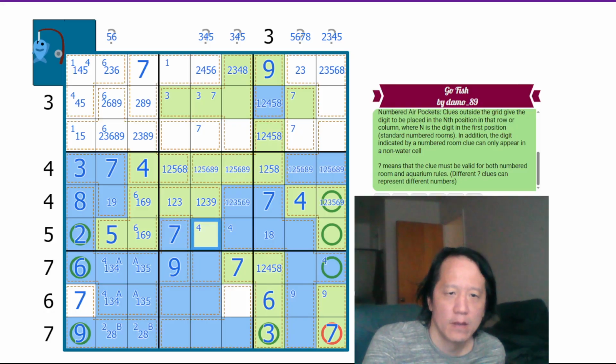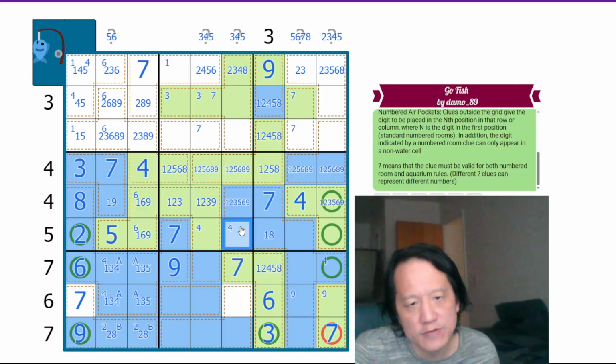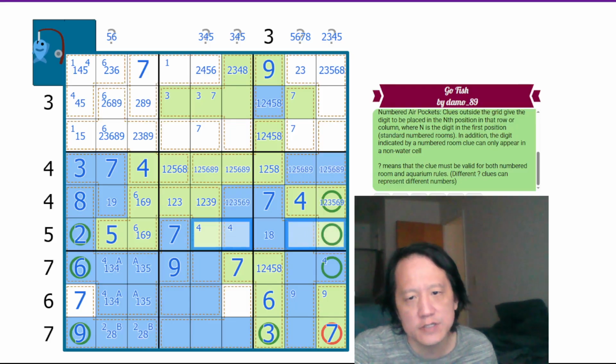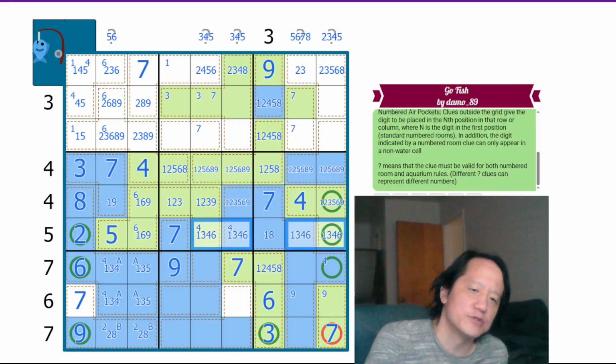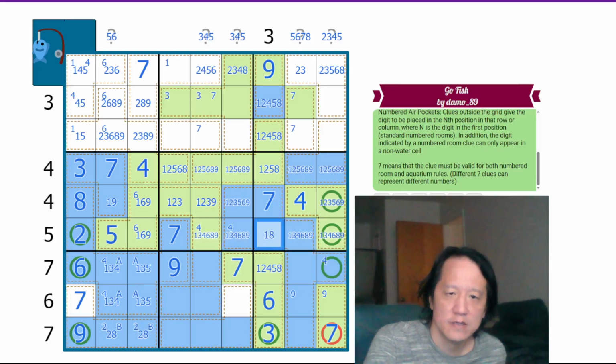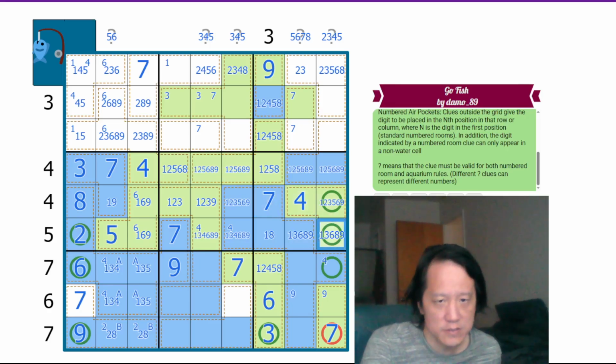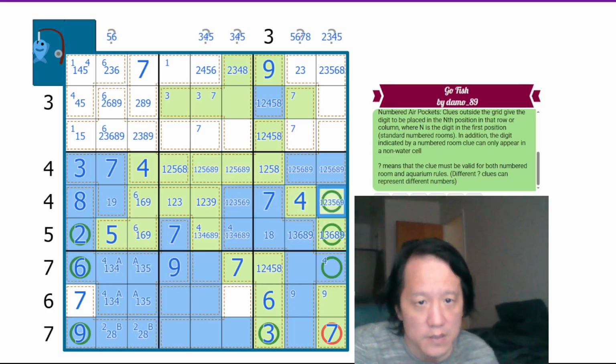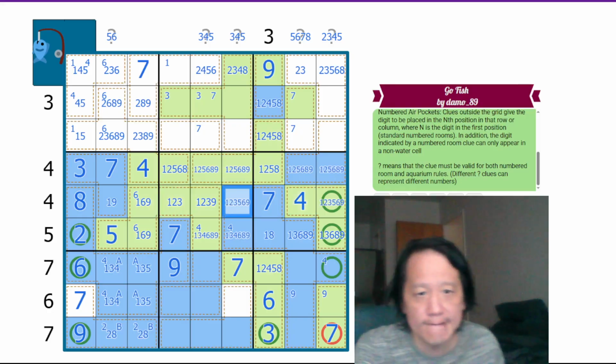Remaining digits of row 6. We have 1, 3, 4, 6, 8, 9. No 4s here because of 4s in the box.